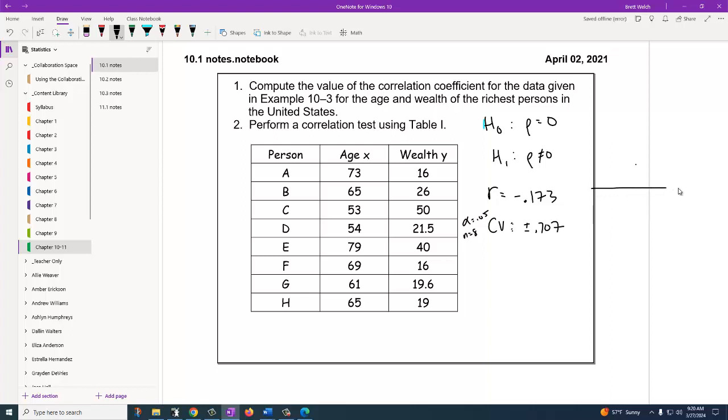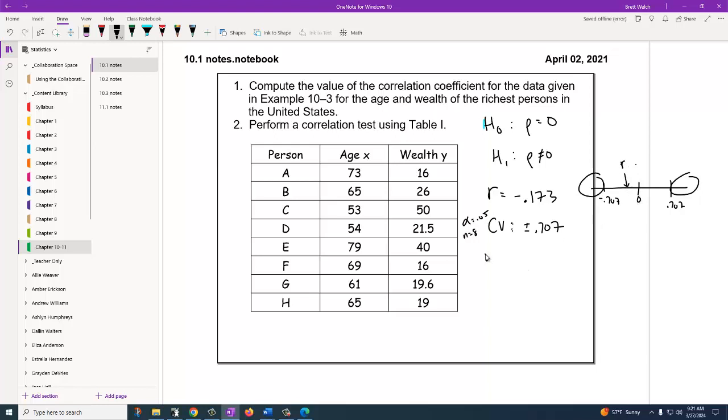What that means is that if 0 is in the middle, at 0.707 or at negative 0.707, over here on the edges are those extremes that would tell us we do have a relationship here. We have to be pretty far out to claim a relationship. But with an R of negative 0.173, that R is not very extreme.